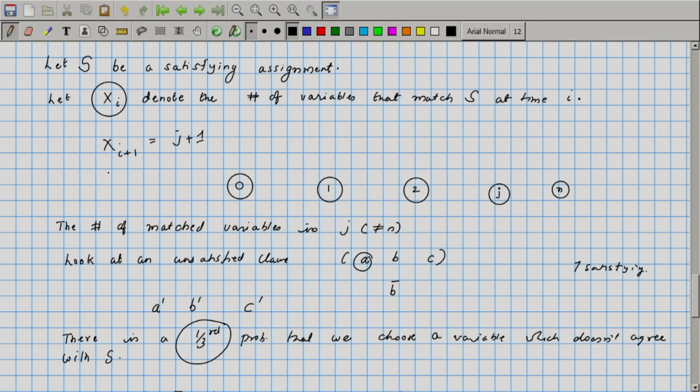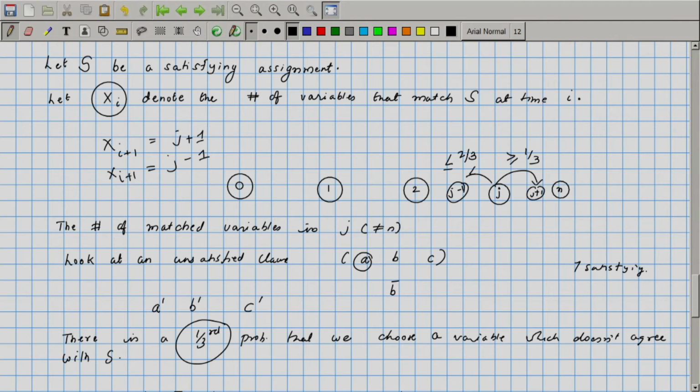So, in that case, x i plus 1, the value of the random variable at the next instance, is going to be j minus 1. So, these are the two possible values that x i plus 1 can take if you know that x i is equal to j. So, from j it can go to j plus 1 with probability greater than or equal to 1/3, and it could go back to j minus 1 with probability less than or equal to 2/3.